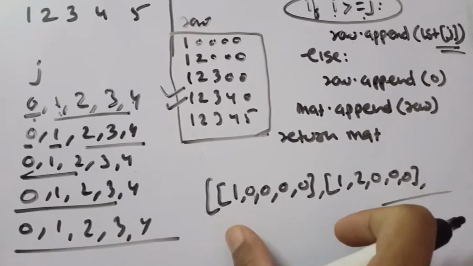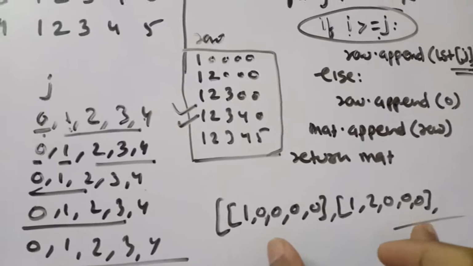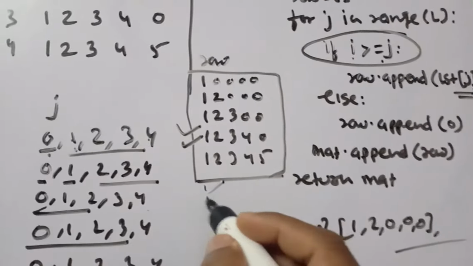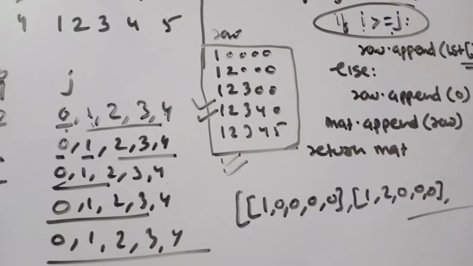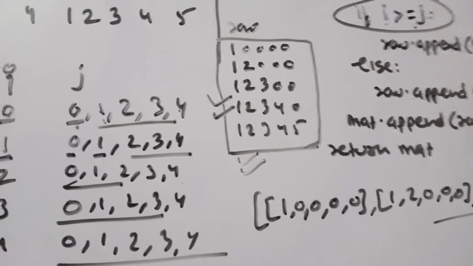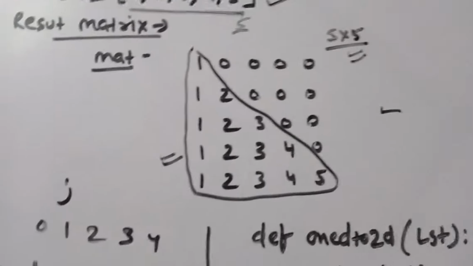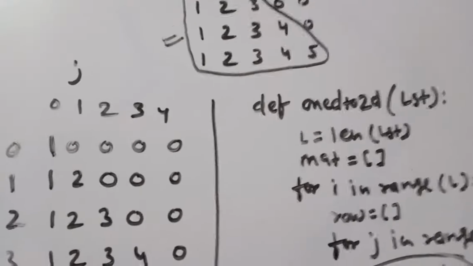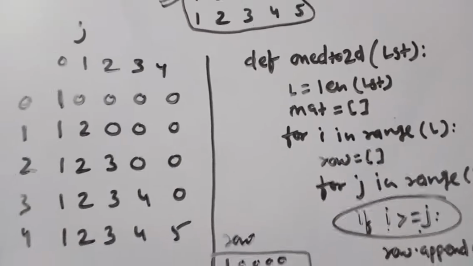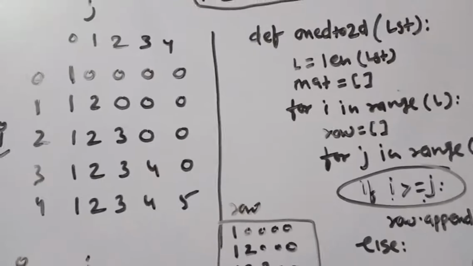And this nested list will be shown in the form of a matrix by using the concept we have discussed earlier. So this whole is the process by which we can convert a linear list into a 2D matrix.